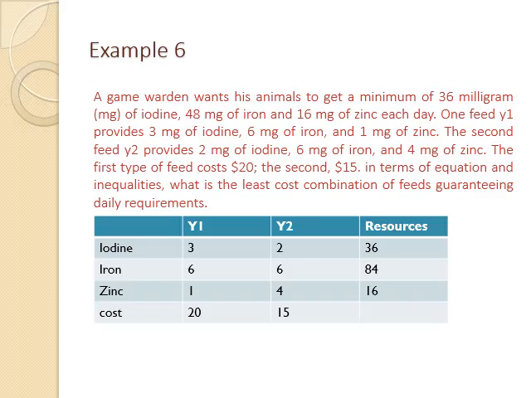So now we face three constraints: iodine, iron, and zinc.